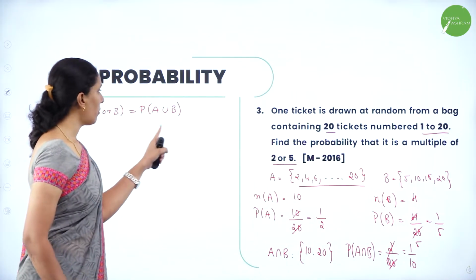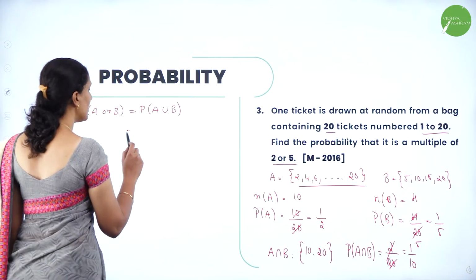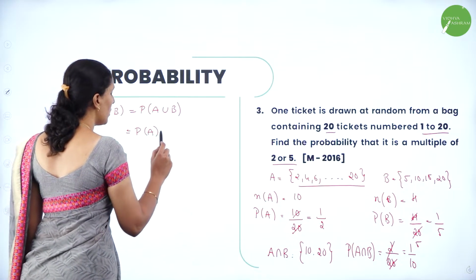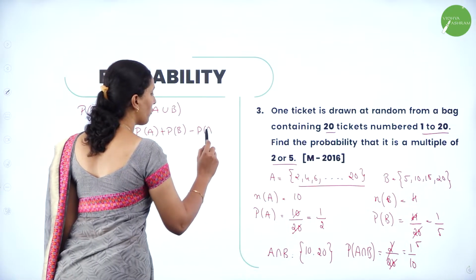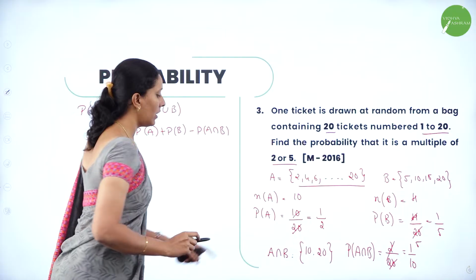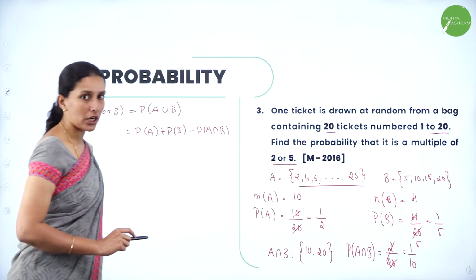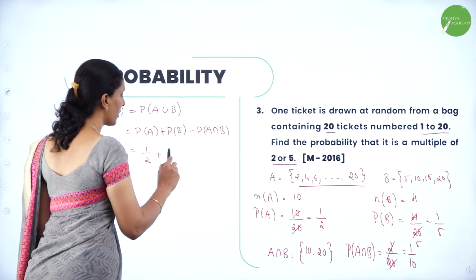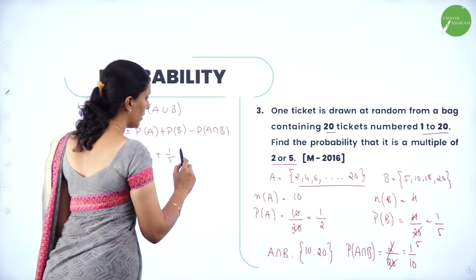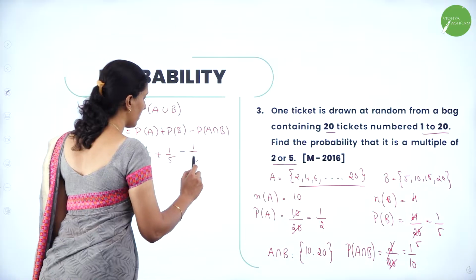Since we need to find out probability of A union B, this can be found using probability of A plus probability of B minus probability of A intersection B. So here we'll get 1 by 2 plus 1 by 5 minus 1 by 10.